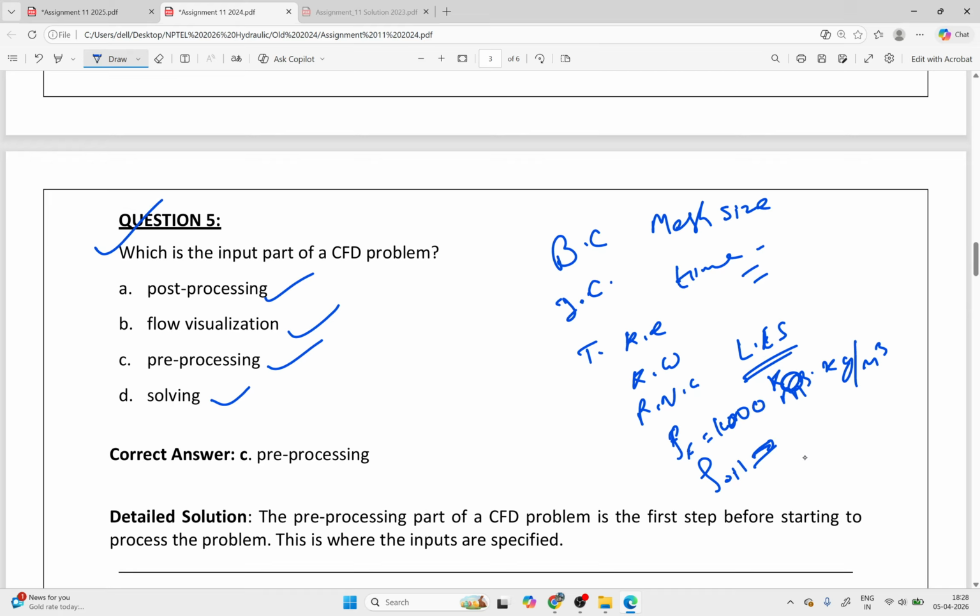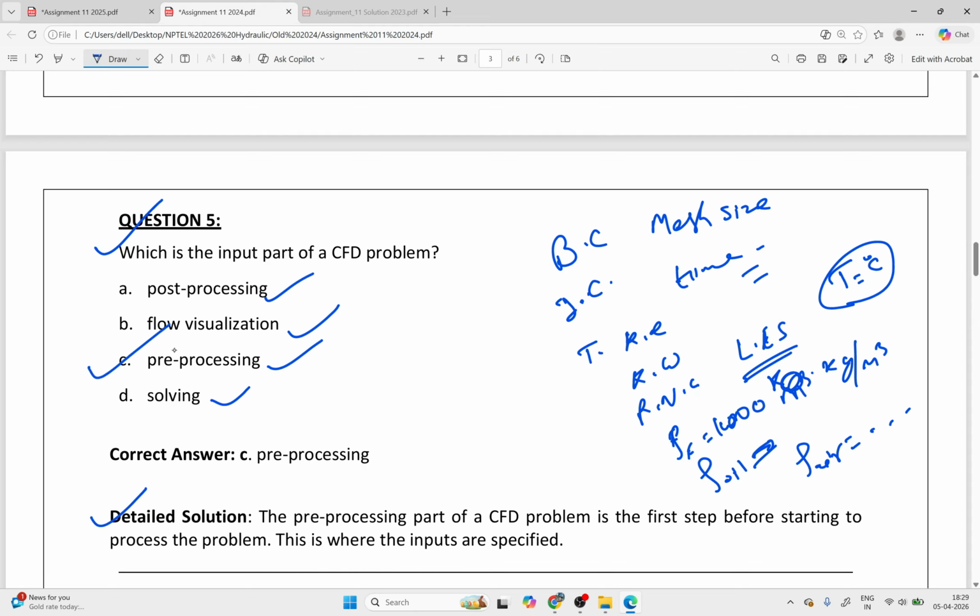Whether you are going to run air, for air also you need to select the density, and what will be the temperature also. So many things in CFD you need to give as input, then you will get the answer near to nature, not exactly the nature, but near to nature, you can correlate the things. Hope you understand.